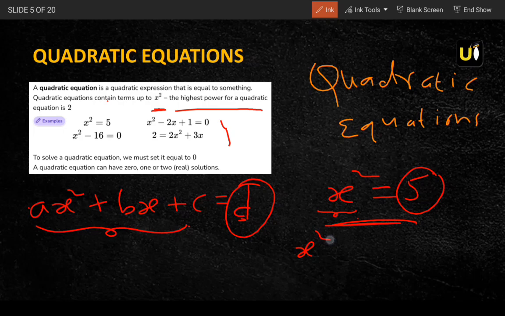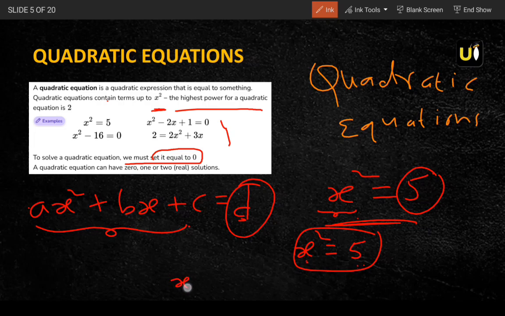That implies x square minus 5 is equal to 0. By subtracting 5 from both sides, we set this quadratic equation to 0. So now we can solve the equation. This is the way we solve a quadratic equation: we have to set the equation to 0.